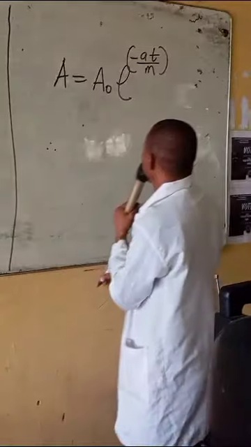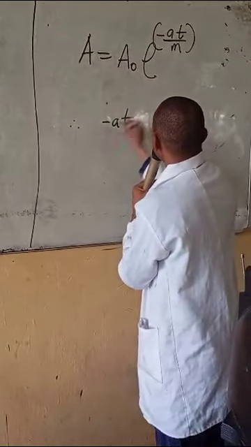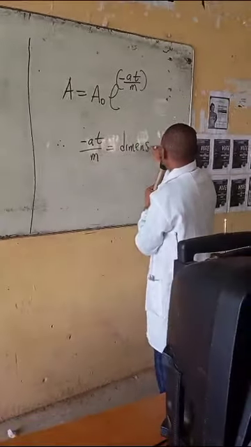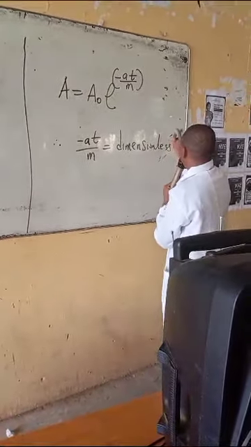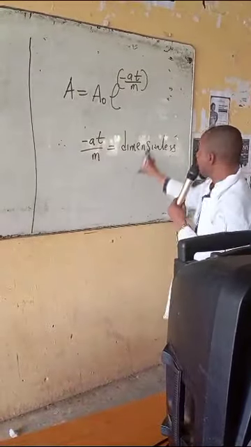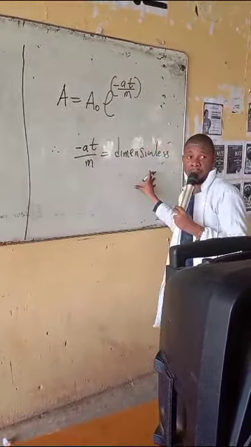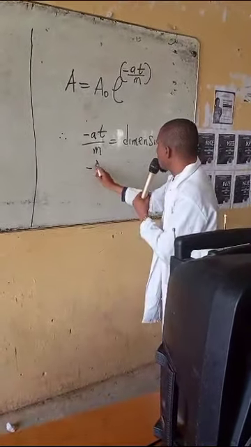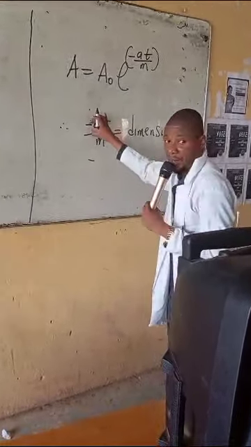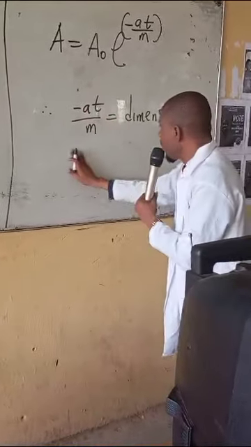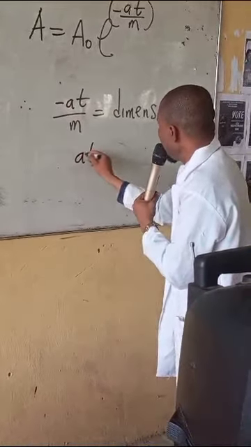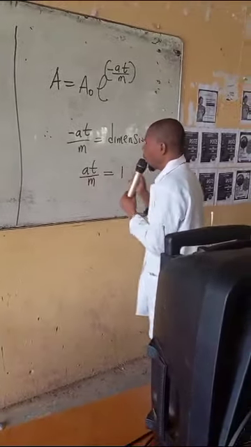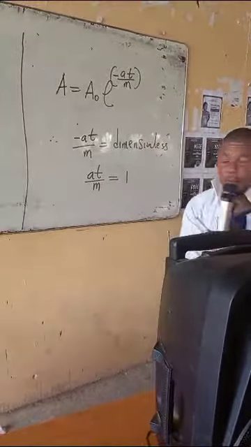So minus at over m is dimensionless, which means I can equate it to 1. We don't make use of minus during dimension, so we can say at over m is equal to 1.